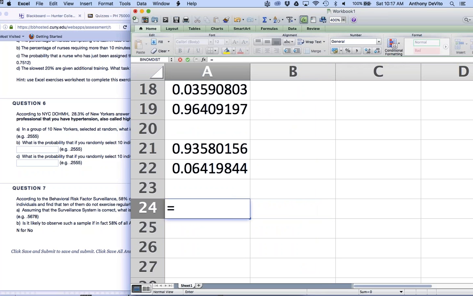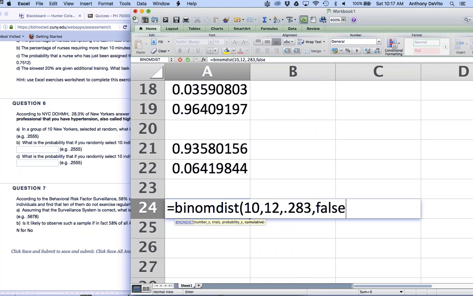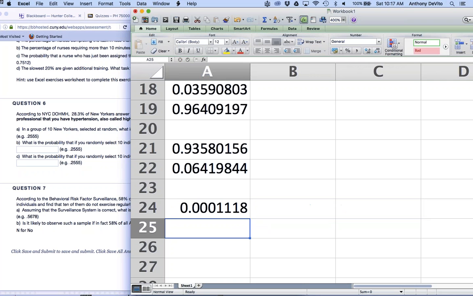And the answer there would be BINOM.DIST, what's the probability of getting exactly 10, not 10 or more? 10, 12, 0.283, I think it was, and false. Because that'll give us a probability of getting exactly 10 out of 12 in this population, and it would be vanishingly small.